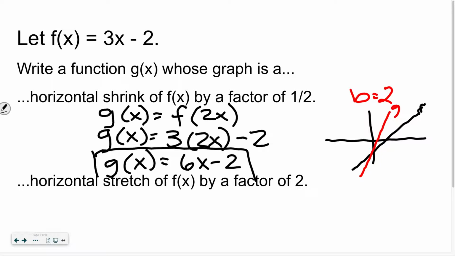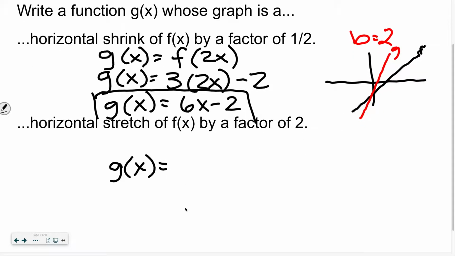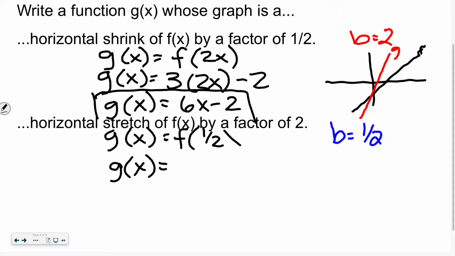Okay, so what's our g of x going to be for a horizontal stretch by a factor of 2? What's our b value going to be, I suppose? Our b value is going to be 1/2 on this one because we want to use the reciprocal. If you want to do function notation, that's going to be f of 1/2 x.